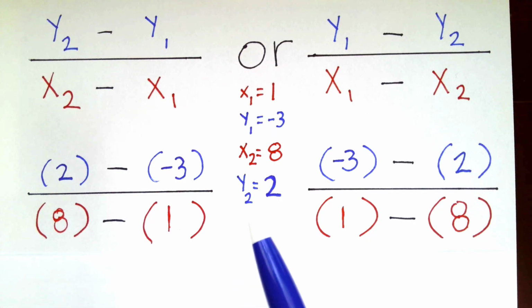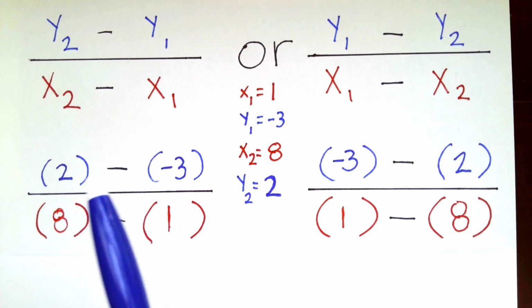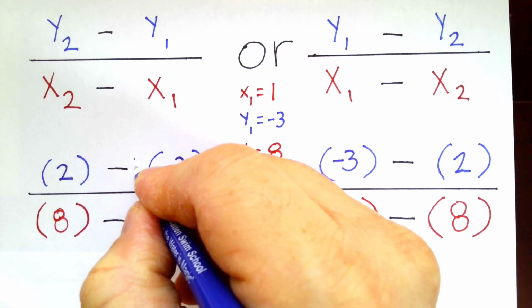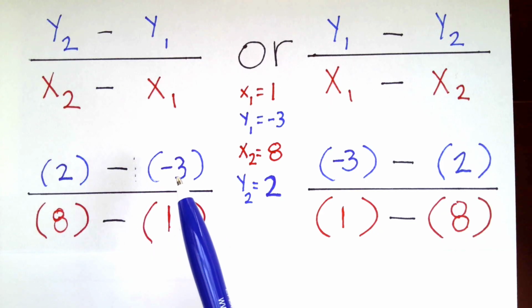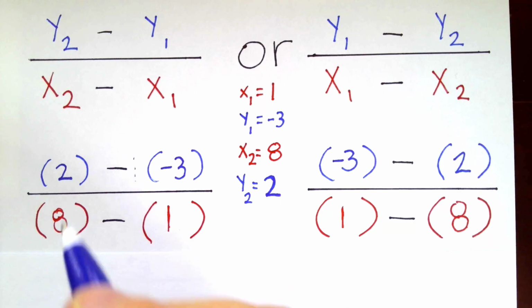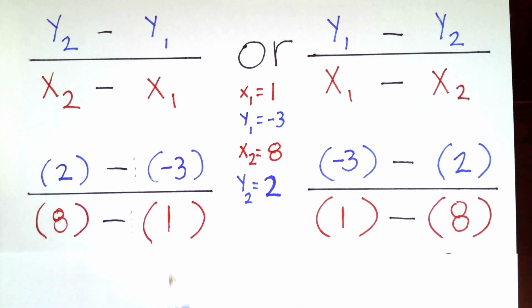Here is another common mistake. Follow me. The subtraction symbol is really a negative invisible 1. And you're going to distribute that negative 1 times a negative 3 is a positive 3. That negative 1 in the denominator's place times a positive 1 is a negative 1.